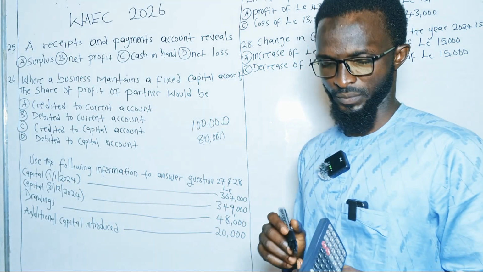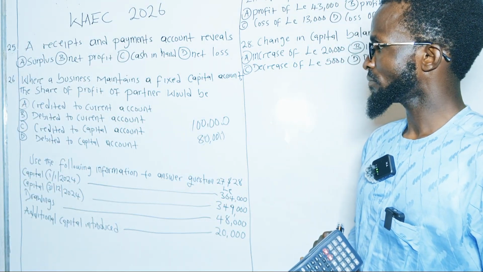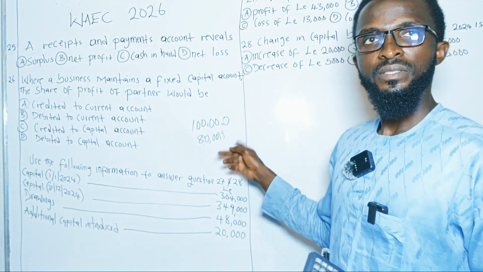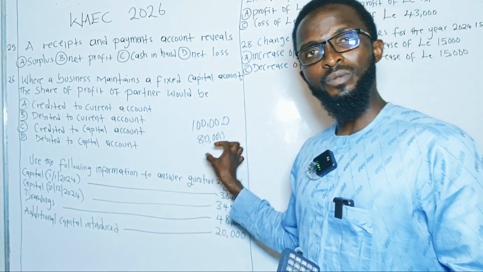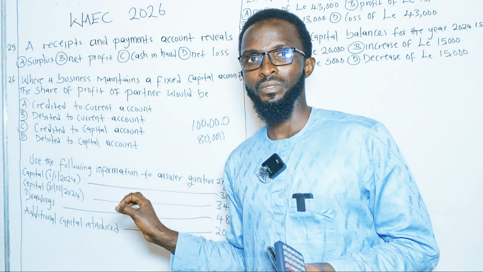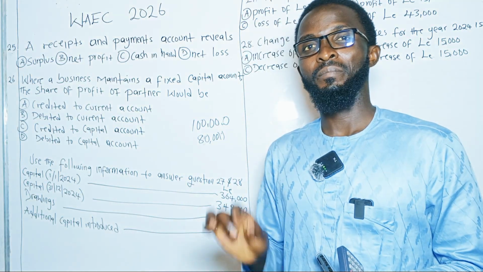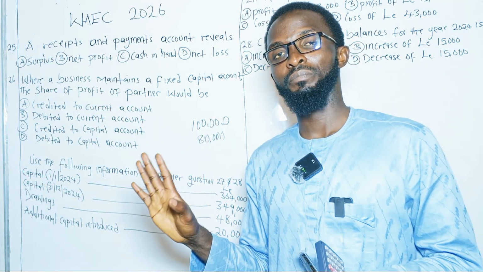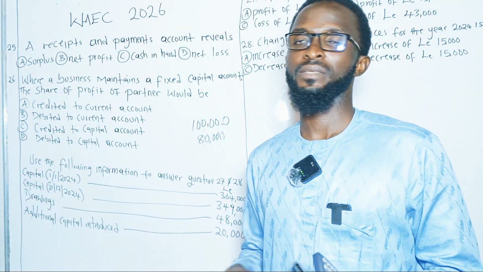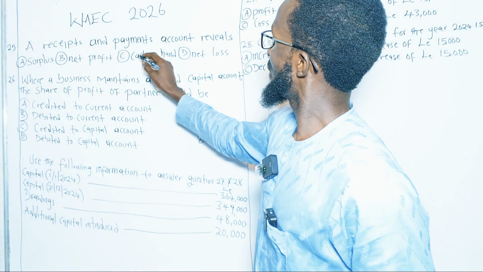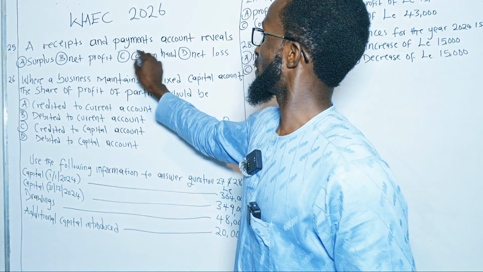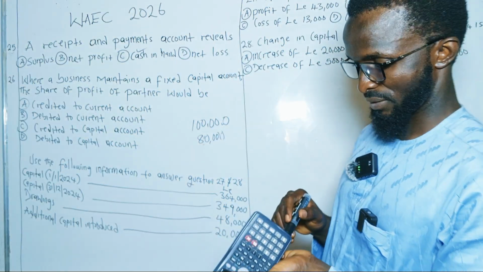You paid 80,000. The difference between 100,000 and 80,000, the 20,000, represents the balance in either cash balance or bank balance. So therefore, it shows the cash in hand or cash balance. That's what it shows. Cash in hand.